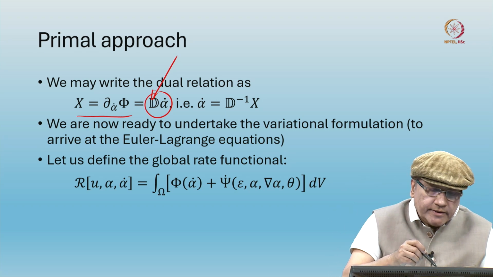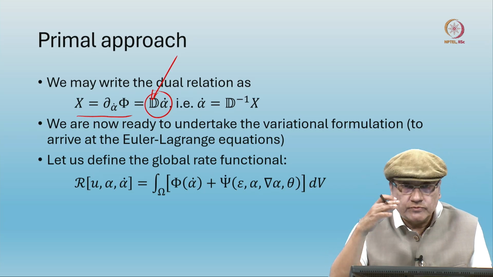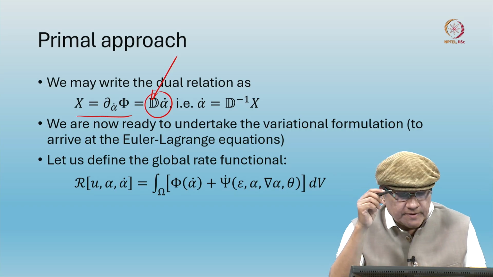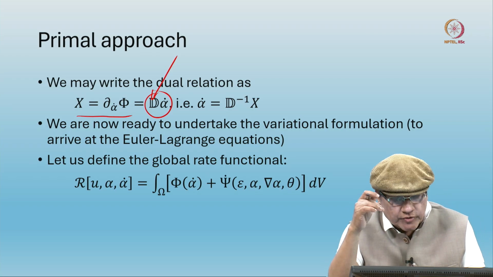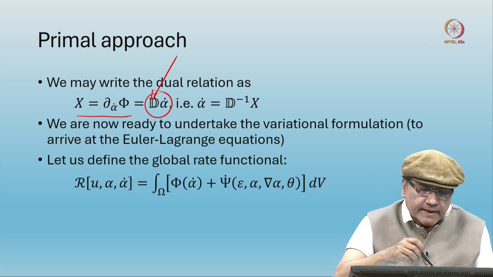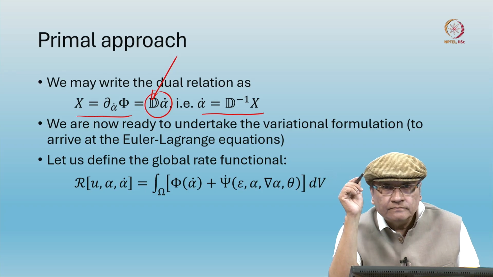If you assume that this is invertible, from the structure of d that we had, it was invertible provided those diagonal entries are non-zero, and therefore we have alpha dot is d inverse x.